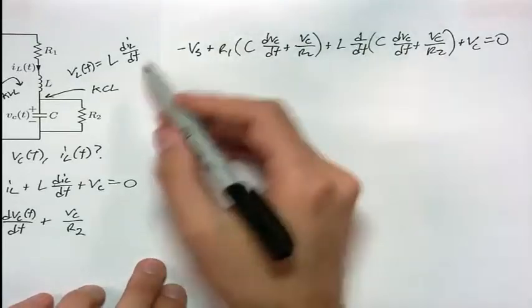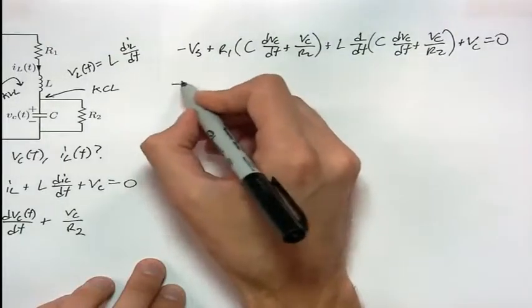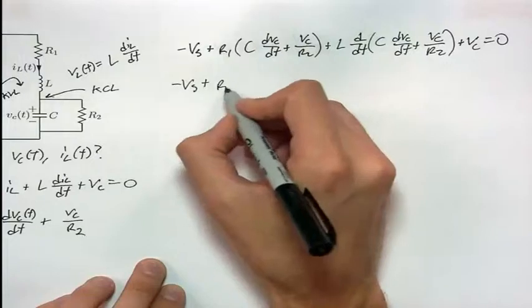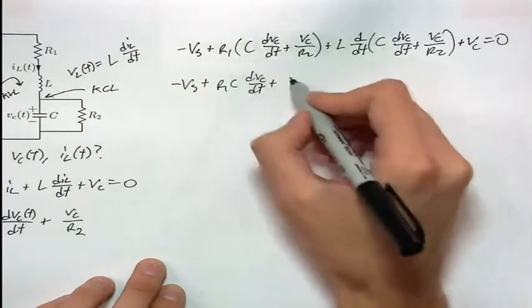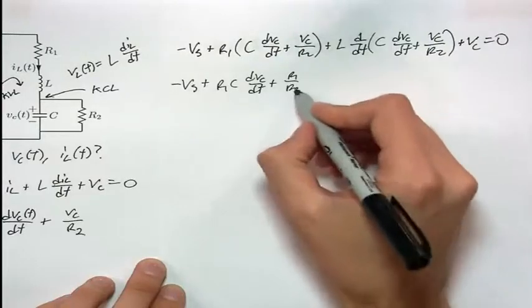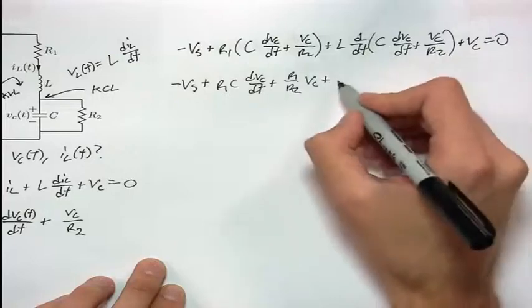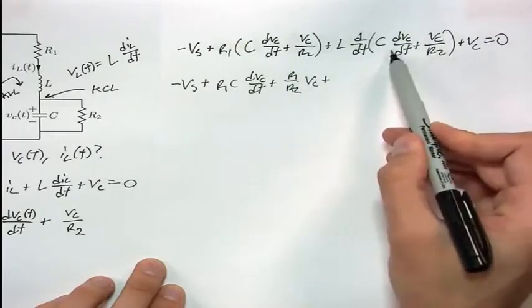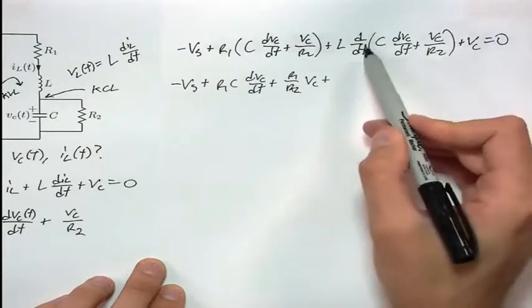Now let's expand and see where this takes us. We have negative Vs plus, distributing R1, R1C dVc/dt plus R1 over R2 times Vc, plus LC. Here we have a derivative being distributed across the iL expression.